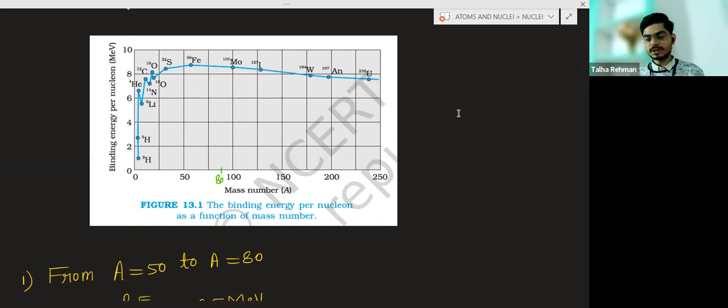First we will discuss nuclear fission. So what is nuclear fission? Nuclear fission is a process in which a heavy nucleus splits into 2 or more lighter nuclei along with the release of energy. And why is energy released? Due to the mass defect.